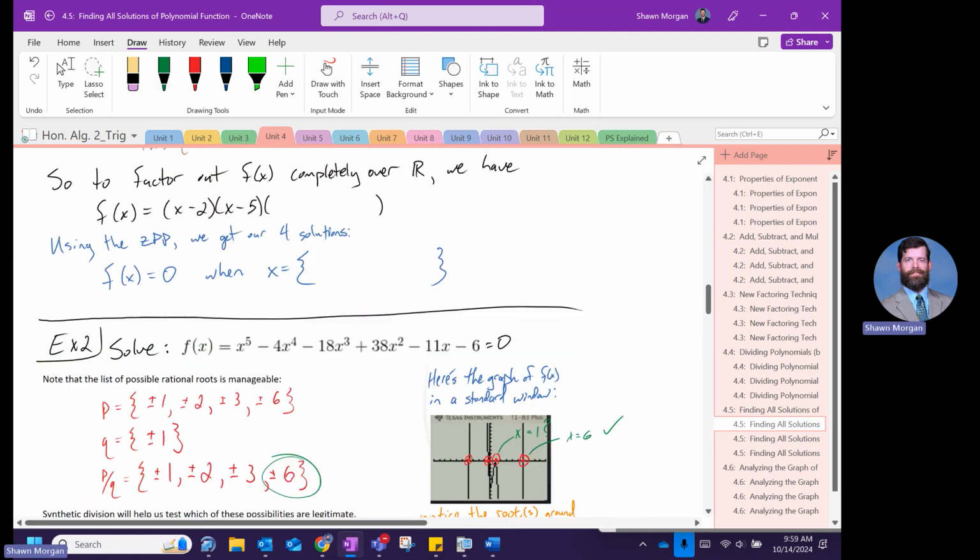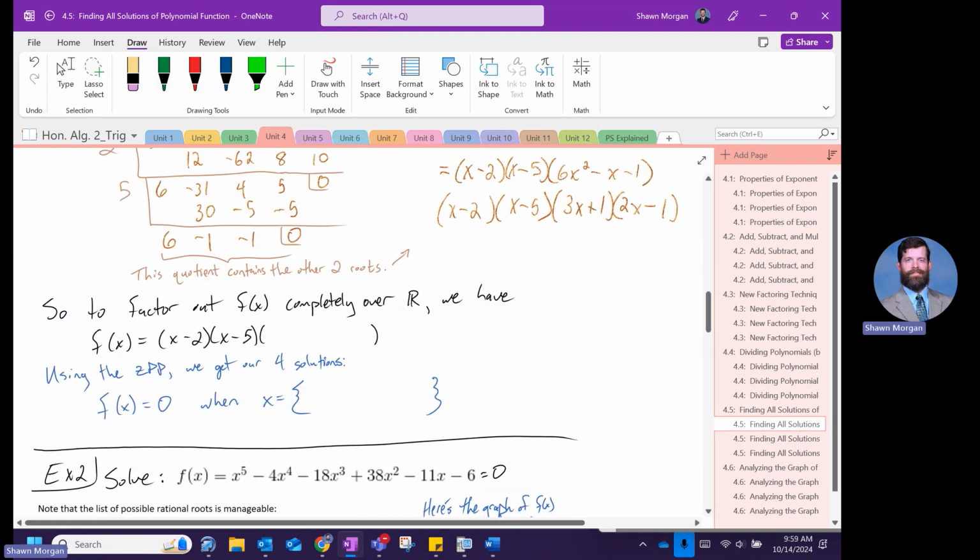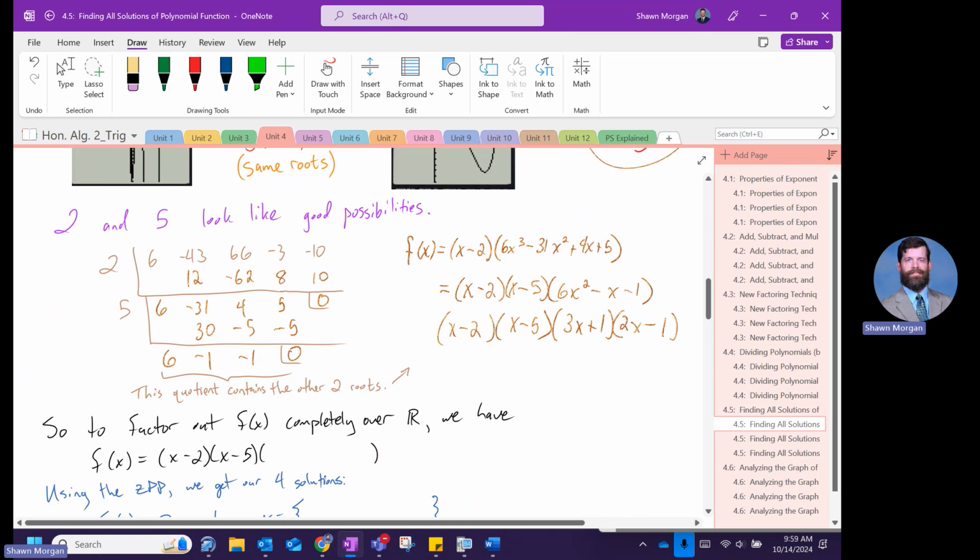So it's like when we're culling out, look over there in brown. This is a previous example. When we cull out our first root, you know what the word cull means? Like if you had a herd of livestock and one of them was diseased and needed to be removed from the herd, you would cull it out.